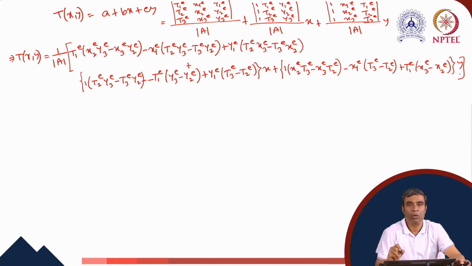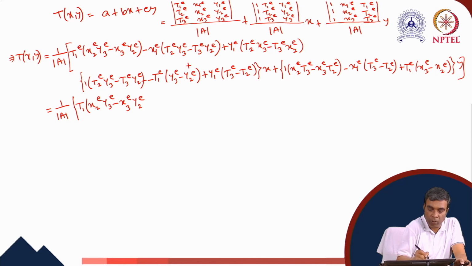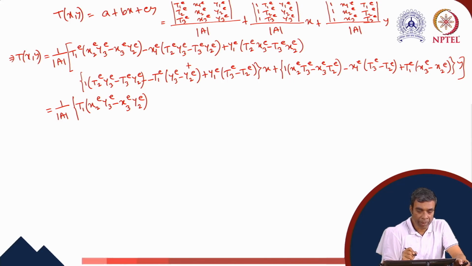Now the coefficients of T1e, T2e and T3e, we will segregate them. So this gives us 1 by determinant A into T1e into (x2e y3e minus x3e y2e). So from the first contribution, this is the coefficient of T1e. Now let us go for the B term and search for the T1e contribution.